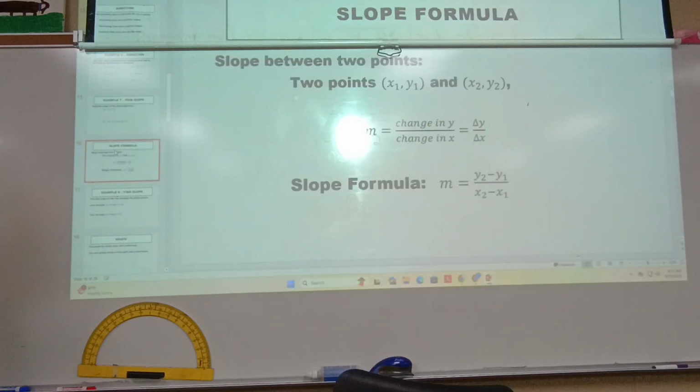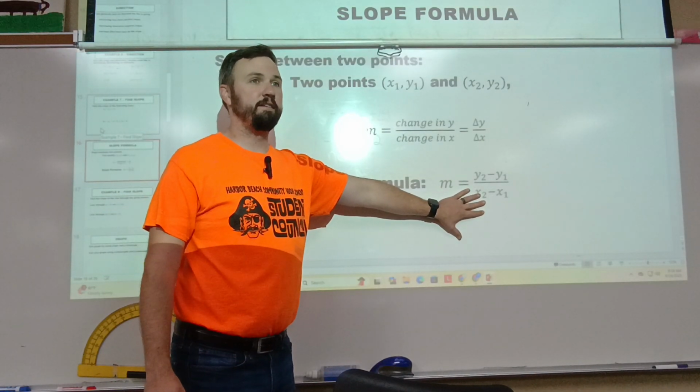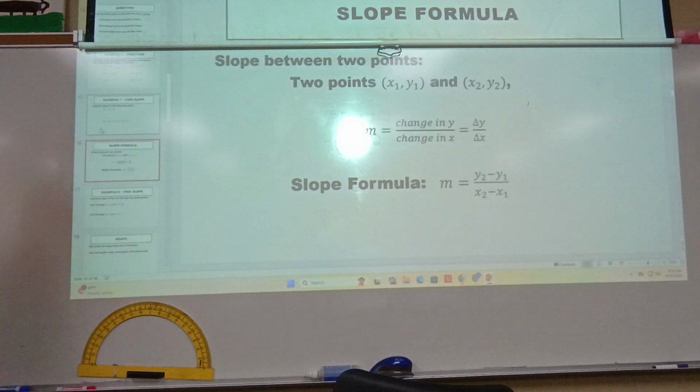What about this beast? Have we seen that formula before? All right. We just did this formula last unit, correct? We saw it last unit, and we're going to see it again. It's a very important formula.